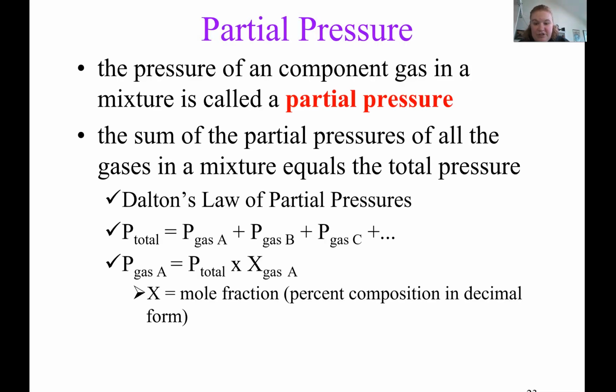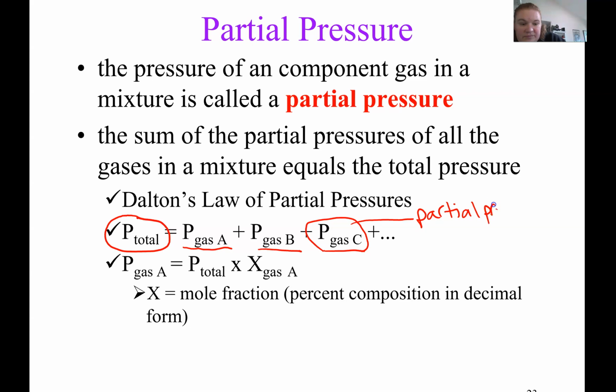So the partial pressure is the pressure from an individual type of gas. And if we take the pressure from gas A and the pressure from gas B and pressure from gas C and add them all together, we will get the total pressure. So each of these is representing a partial pressure. It's called Dalton's law of partial pressure.